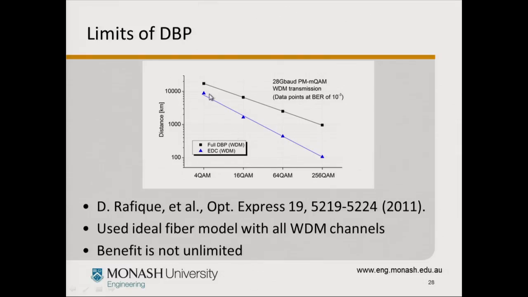It's found that the performance did increase a lot further, maybe by 10 dB or so, but then it eventually fell back down again. This is detailed in Dinesh Rafiq's paper in Optics Express, where he basically backpropagated his entire signal through a fiber, and this effect can be attributed to the fact that you can have ASE beating with your signal, and that effect eventually becomes stronger than your signal, and that's why your signal starts falling over again, even if you have all the deterministic effects covered.